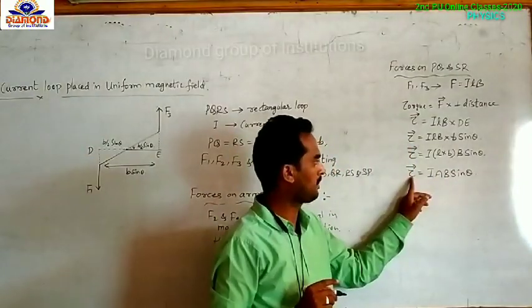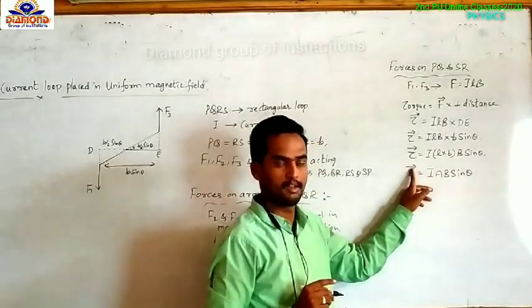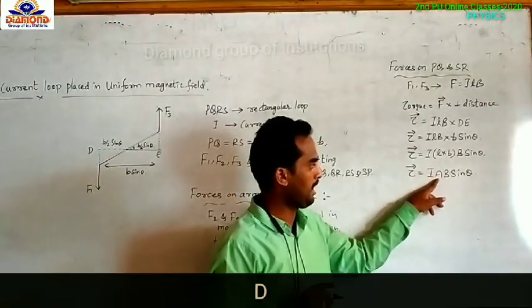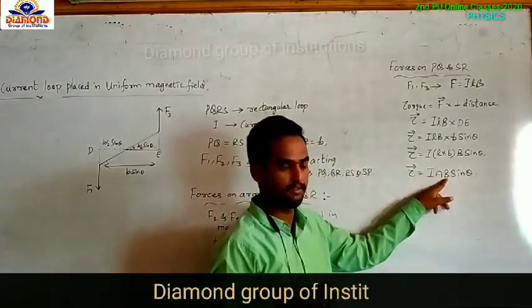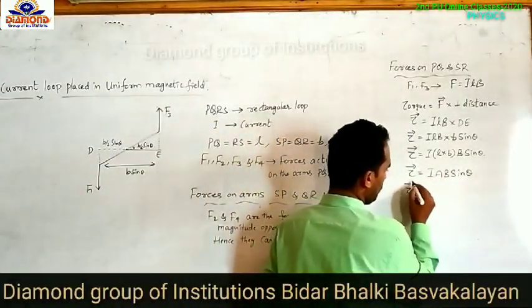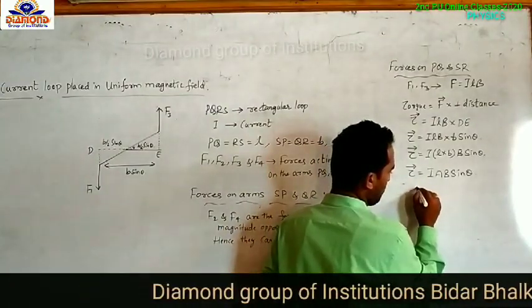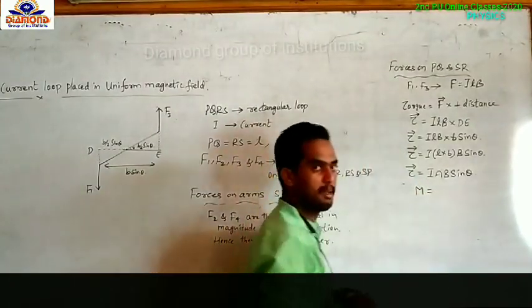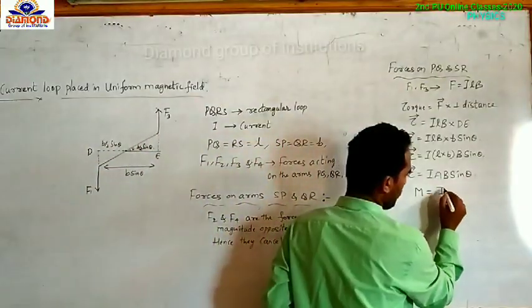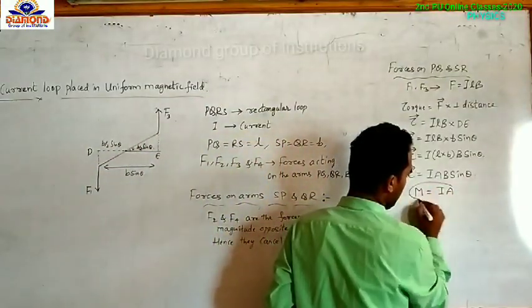So torque equal to I current, A area, B magnetic field, theta will be the angle. So here M is the magnetic dipole moment. Magnetic dipole moment equal to the product of the current as well as area.